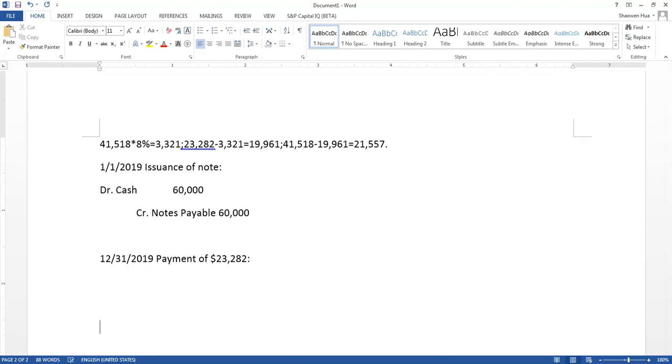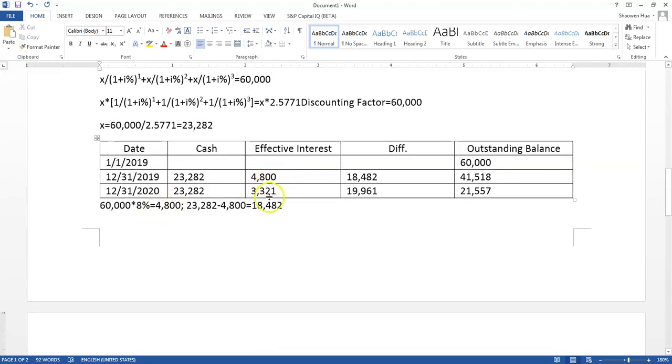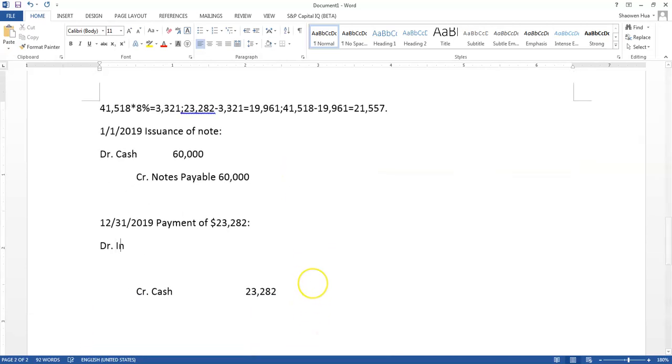Since I am paying, I credit cash for $23,282, and of this payment, $4,800 is interest, and we call it interest expense.